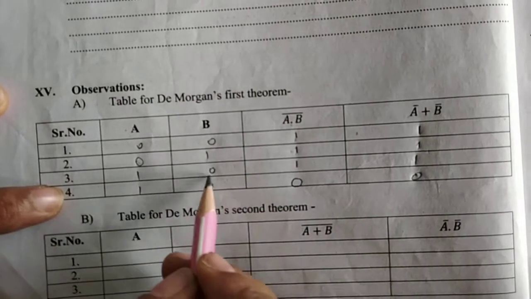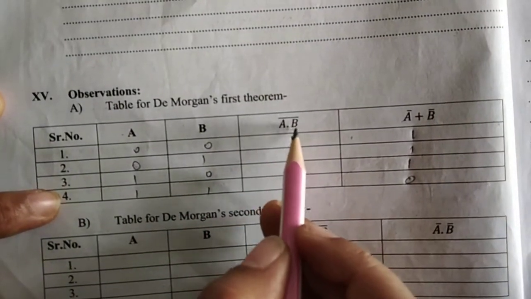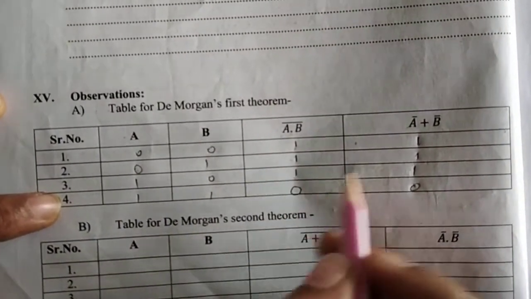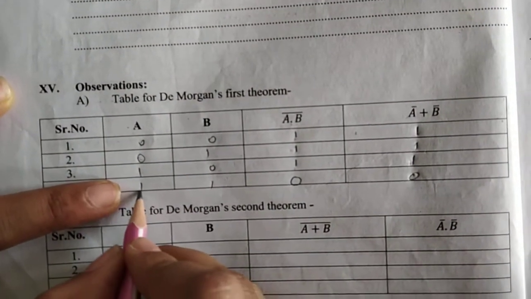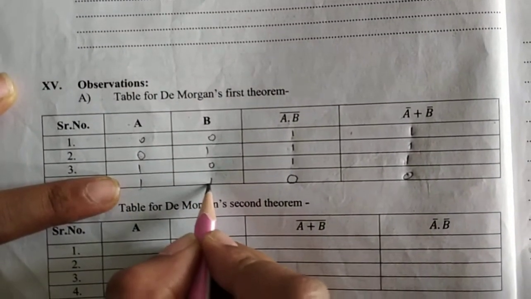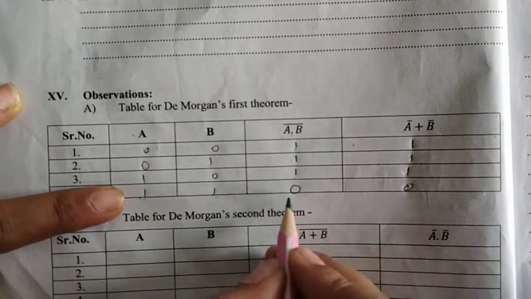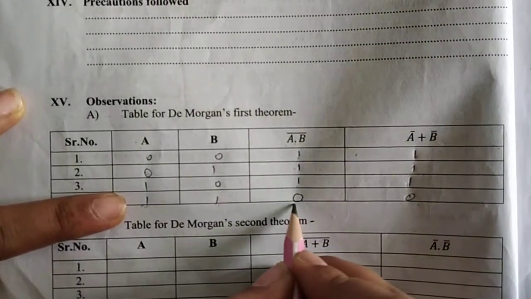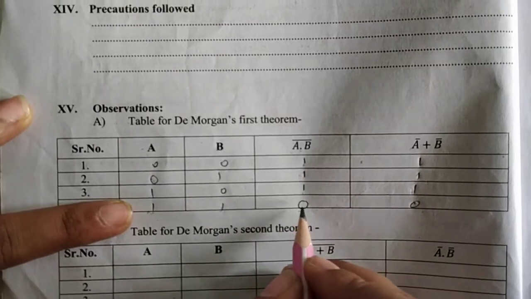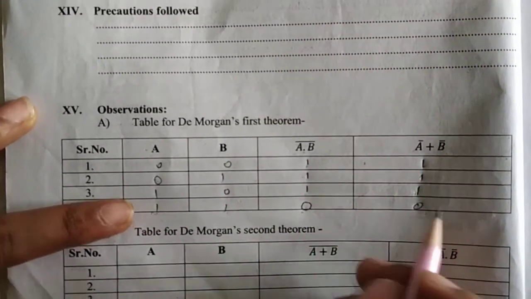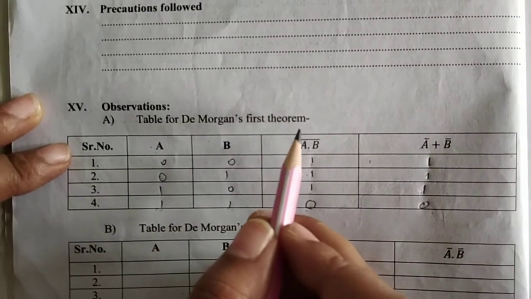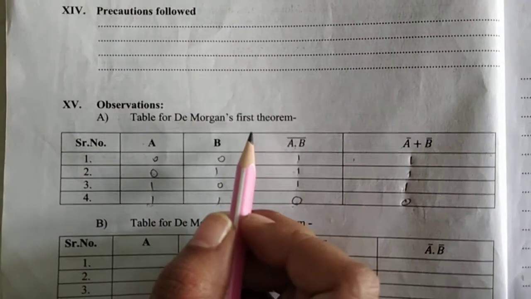After that, for the 1 0 combination, A dot B whole bar is 1 and A bar plus B bar is 1. After that, we check with both inputs at VCC, that is 1 1. So we get both the LEDs in off condition, so the output is 0 0. Thus we verify De Morgan's first theorem using the practical setup.